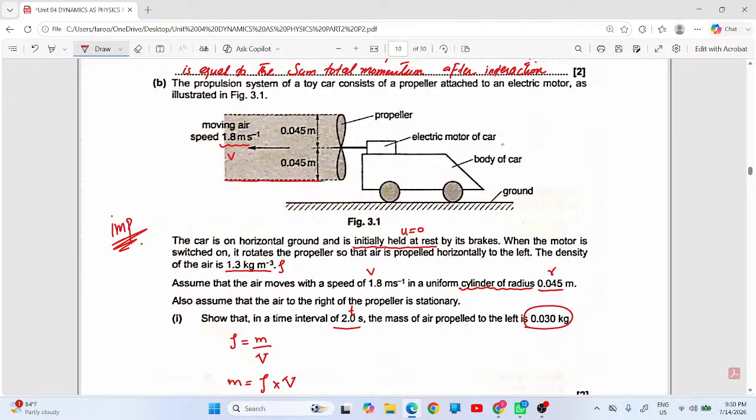How much distance is covered by the air? Speed equals distance by time, so distance equals speed times time. For 1 second it is 1.8.